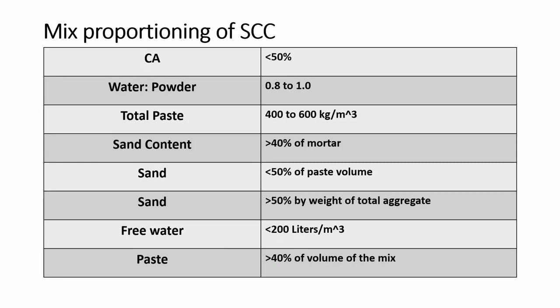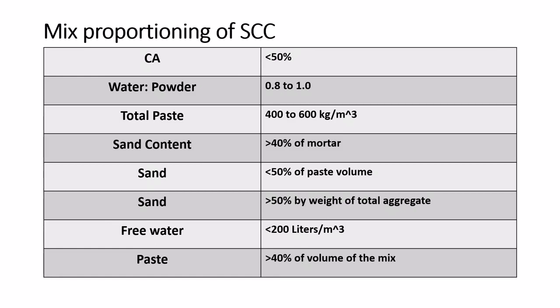Mix proportioning of SCC. Coarse aggregate less than 50%. Water powder ratio 0.8 to 1. Total paste 400 to 600 kg per cubic meter.